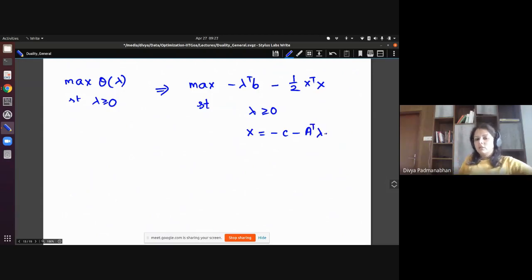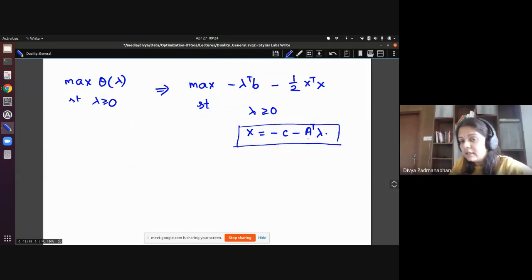If you substitute the value we got from the QP, this is what you're going to get. But since you have this closed form expression for x, you can try to eliminate x from the objective completely.